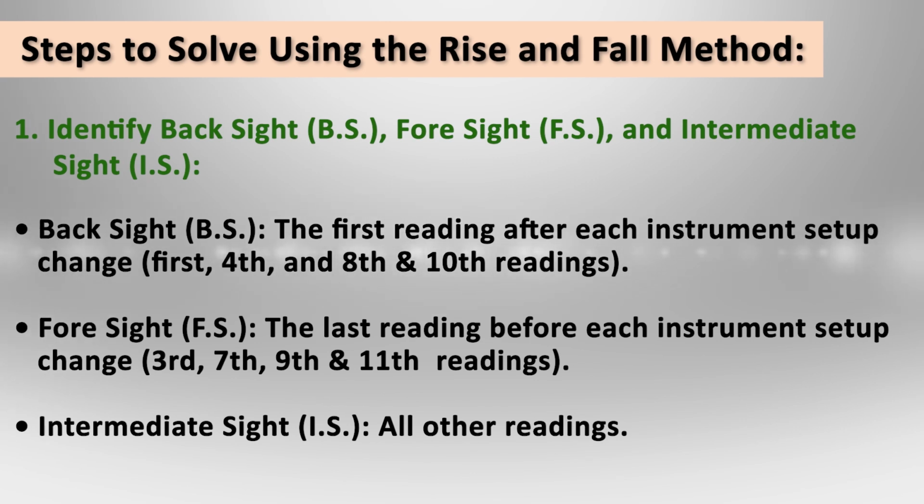So, 1.78 will be the backsight. The next two readings, that is 1.91 and 2.35, would be intermediate sights, and the next reading would be 1.75 just before the change of the instrument, and after the change the next reading would be 0.35, that is backsight, and the next reading would be 0.69 since it is before the change of the foresight, and after the change, 1.24 would go under backsight, and the last reading would always go under foresight. So, we have filled all the details.